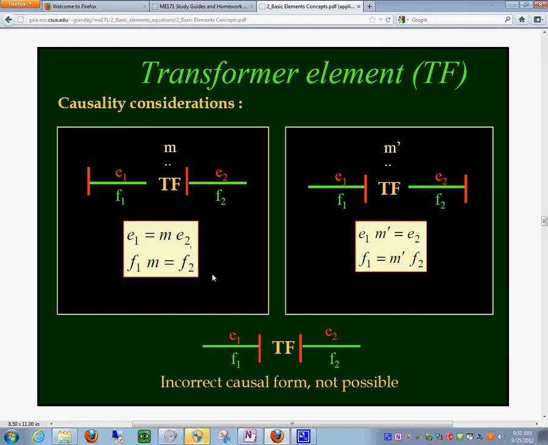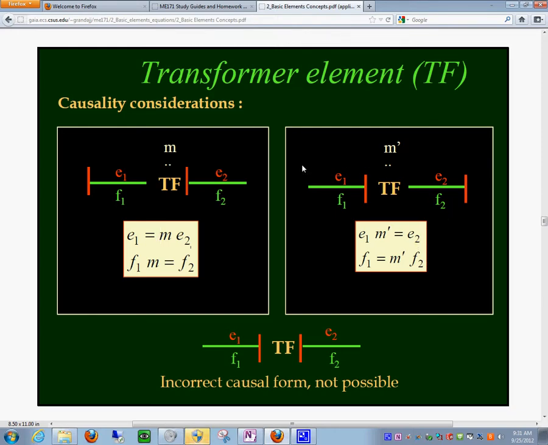But you can have it like this, or you can have it this way. So how does this work? You see on the right hand side, you have E1 over here multiplied by this M prime, you get E2 going this way. So E1 times M prime equals E2. You see the equation in there?